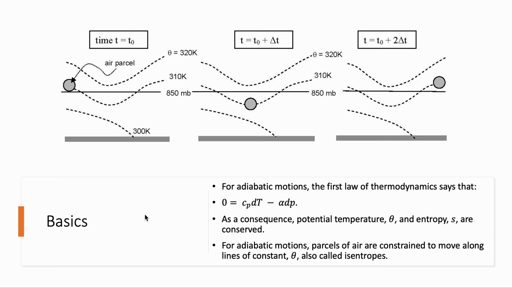I'm sure you'll remember that starting from this formula, it's possible to define a variable called potential temperature. We talked about this on the first video of the lecture, and we like potential temperature for all kinds of reasons.